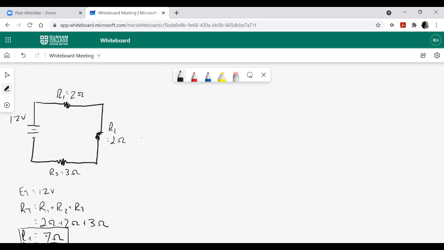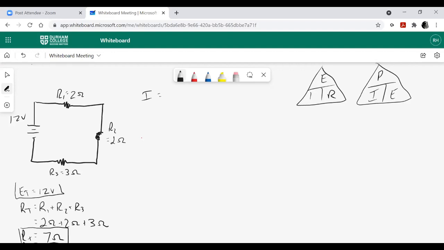Now, sticking with the idea that I want to try and solve for my totals, the next thing that we can solve for is I. Remembering that I had those two formula triangles, E equals IR and P equals IE. So if I want to solve for I, I've got my total voltage and I've got my total resistance.